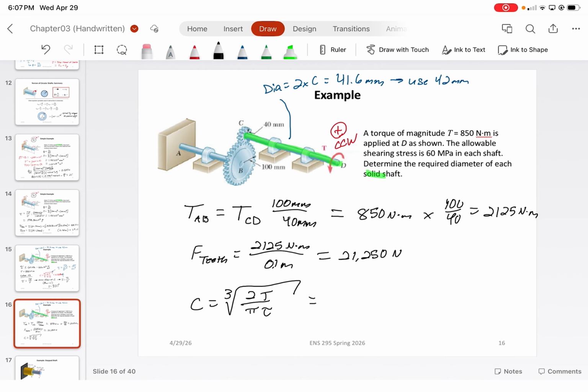The torque and the shear stress are constant, but when you solve for everything, just plugging and chugging, you should get that the required radius has to be 0.0283 meters, which, again, following that same rule, diameter is equal to 2 times c. Should give us a diameter of around 56.6 millimeters, so use 57.